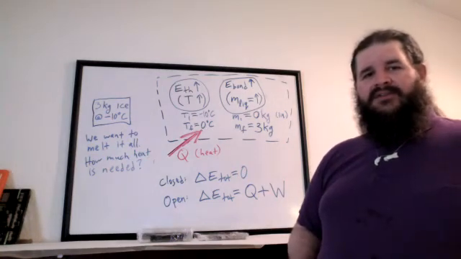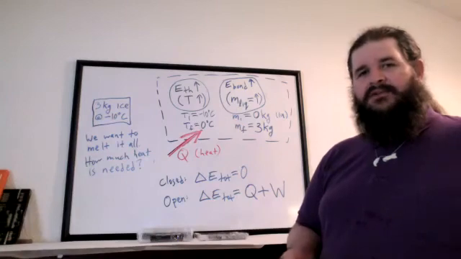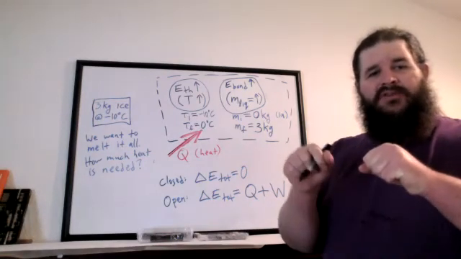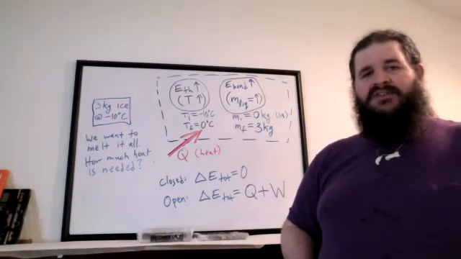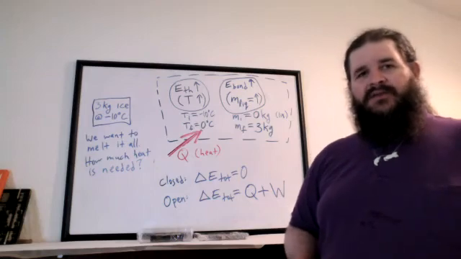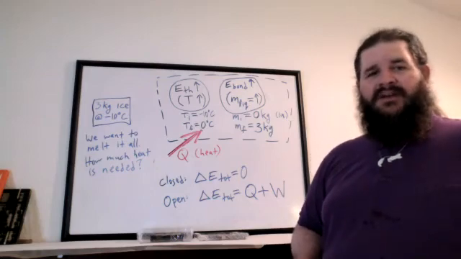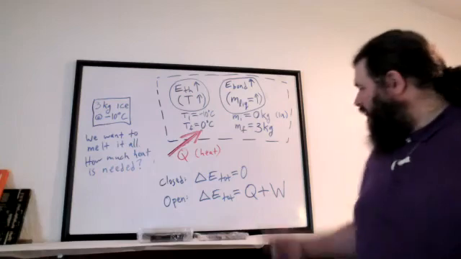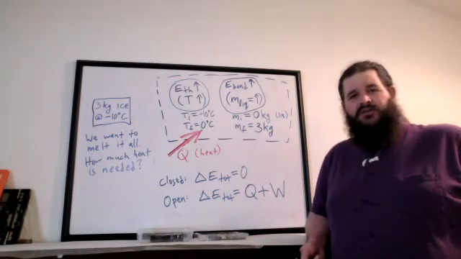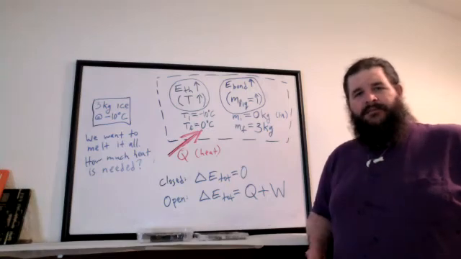There's got to be some difference in temperature, a temperature gradient. And heat is going to flow from the hotter object towards the colder object. If the objects are the same temperature, there's no heat flow. If they're at slightly different temperatures, you get a very slow heat flow. If they're at very different temperatures, you get a faster heat flow. So heat represents the transfer of energy caused by two objects or two locations being at different temperatures.